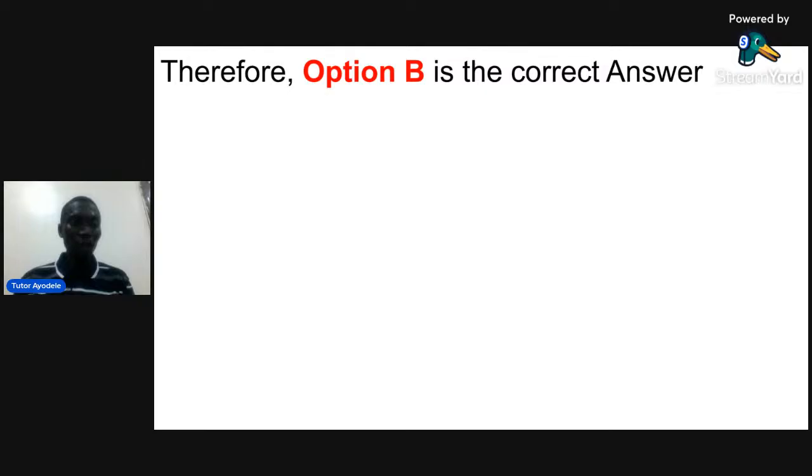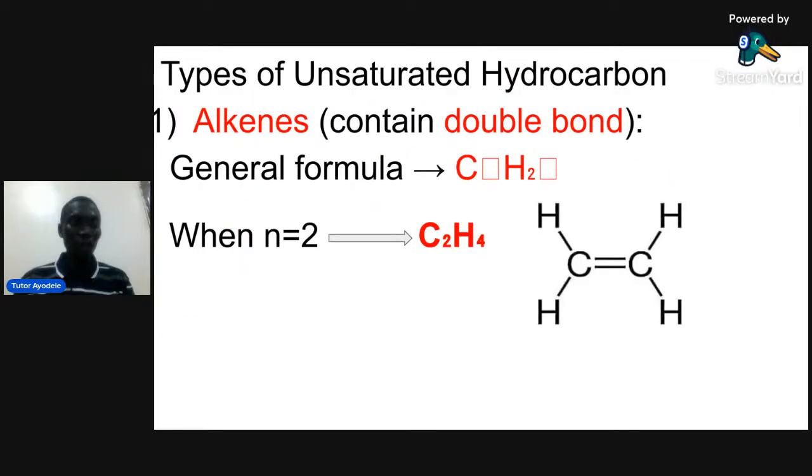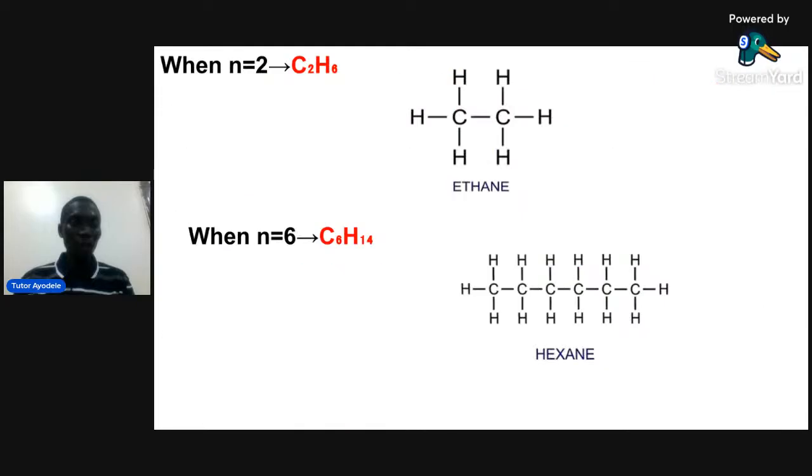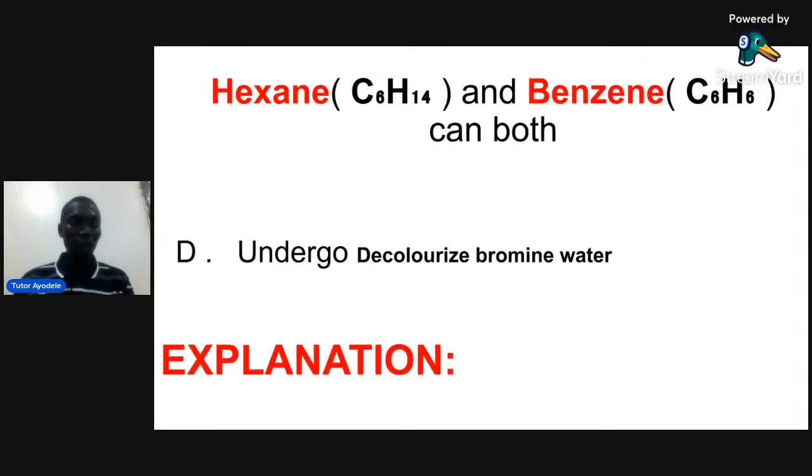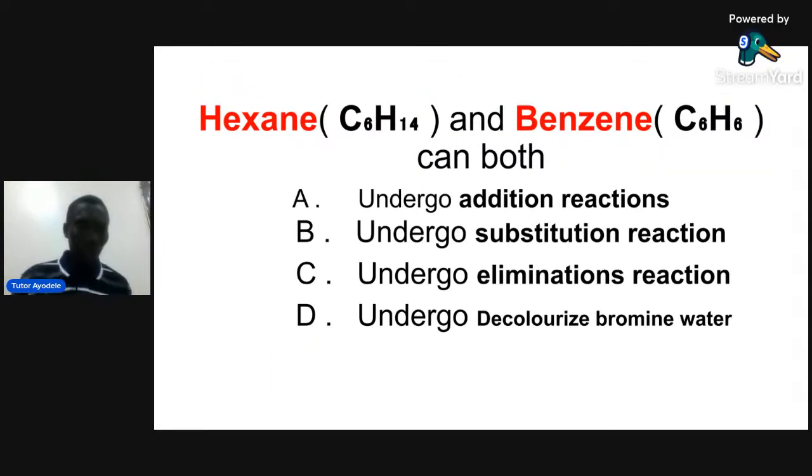Option B is correct. Why is option B correct? Because if you look at the question, let me quickly show you the question. Addition reaction: both of them do not undergo addition reaction, because alkane is under acyclic.